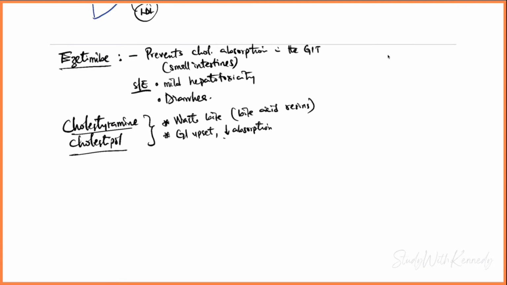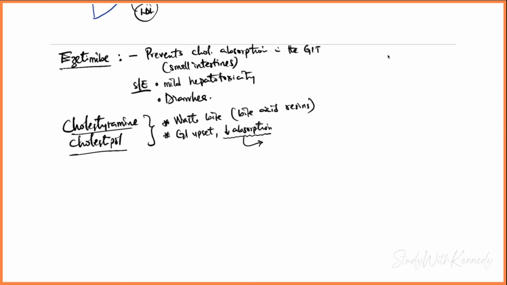As cholestyramine is inhibiting bile acid, you want to remember that bile acids are used to absorb fat and cholesterol, as well as fat-soluble vitamins.